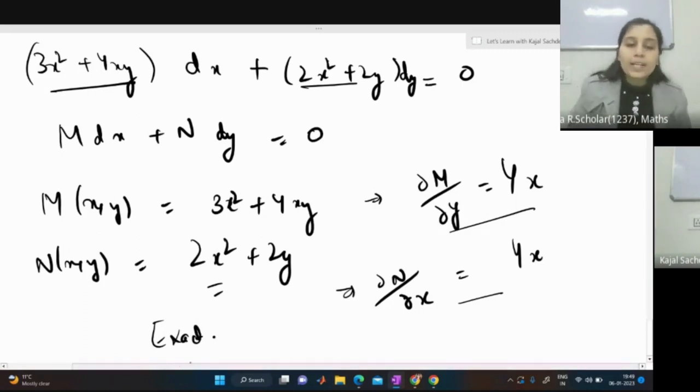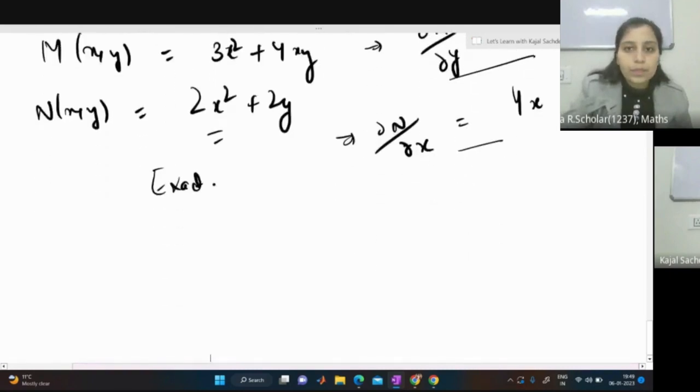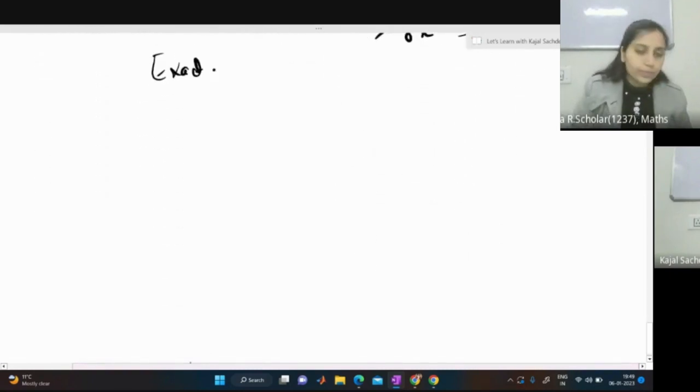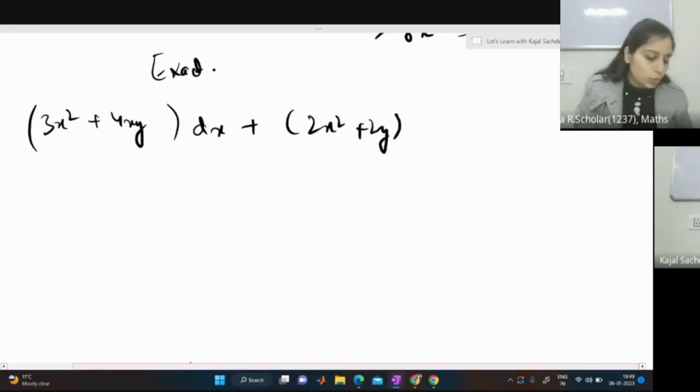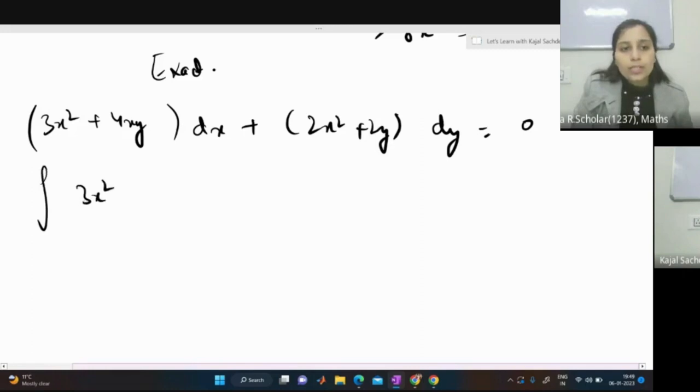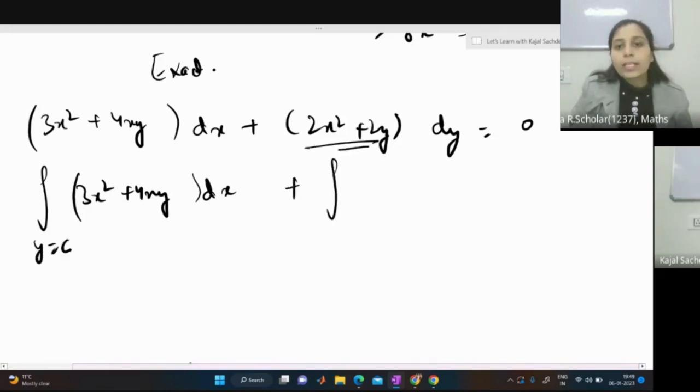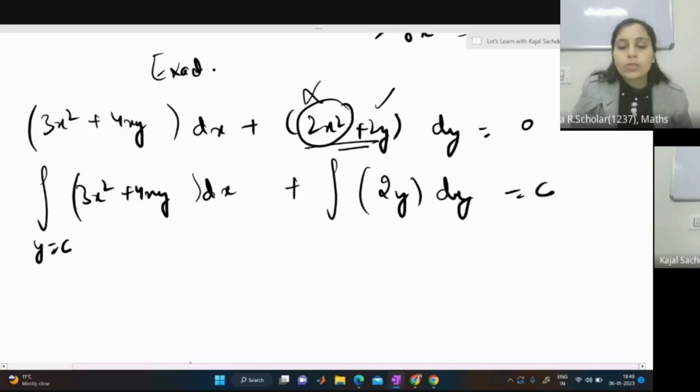So in case of an exact equation, we can find the solution directly. We have the equation 3x square plus 4xy dx plus 2x square plus 2y dy is equal to 0. As this equation is exact, the solution is integral of M dx, keeping y constant, plus the terms in N not containing x. So here we have x, so don't take this, only take this part, 2y dy, is equal to some constant c.